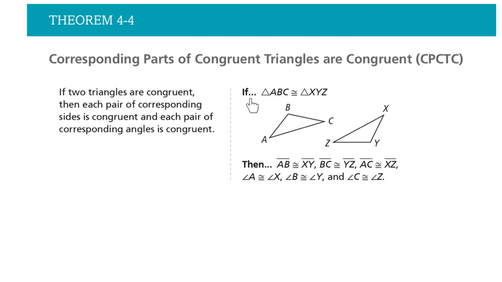And this idea says that if I know that these two triangles are congruent, if I'm able to find out somehow, either a set of instructions tells me that these triangles are congruent, or I figure out that they can be mapped to each other and therefore are congruent, or I figure out that certain parts of the triangles are congruent, and that makes the whole triangle congruent. If I know the triangles are congruent, then that would lead me to be able to say that every single pair of corresponding parts would be congruent.